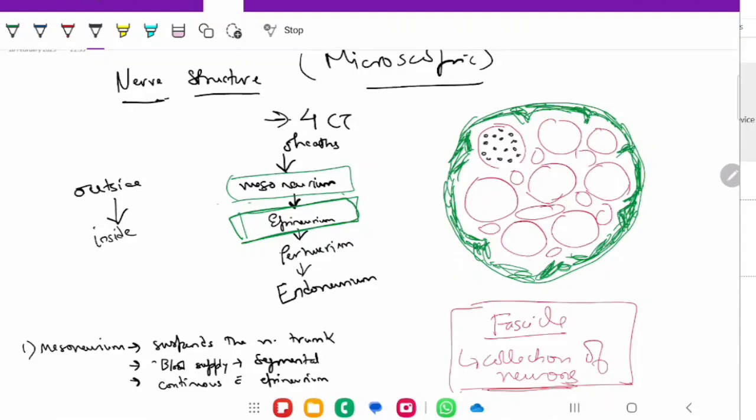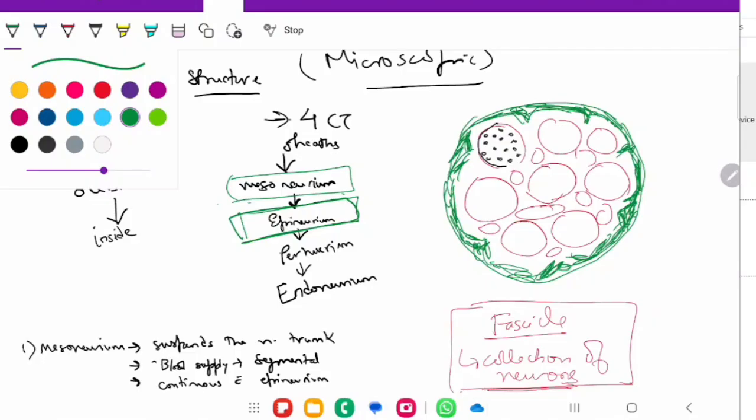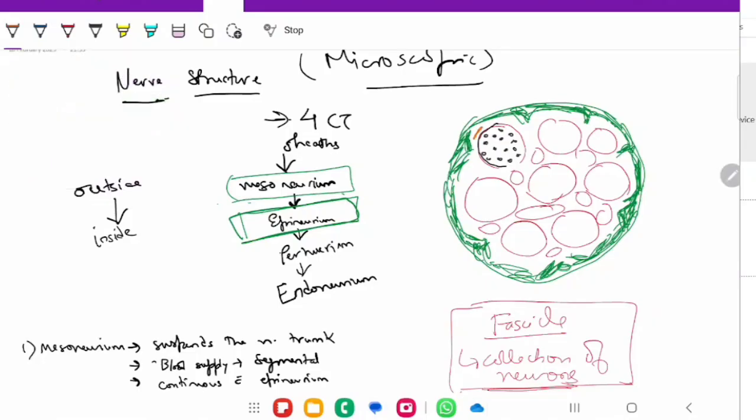We'll understand right now. From outside to inside, this is a fascicle, right? Now this fascicle in turn will be covered with another layer that is continuous with the mesoneurium but inside it, and that is known as epineurium.